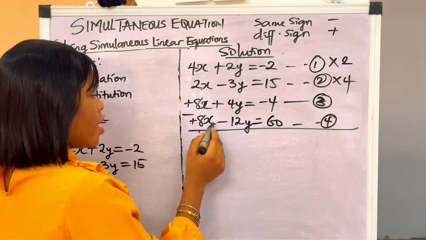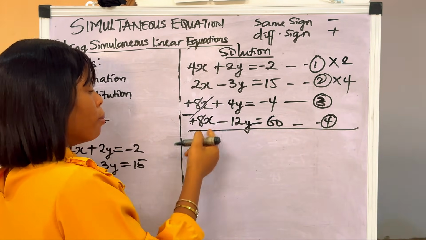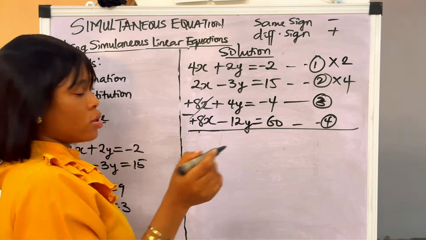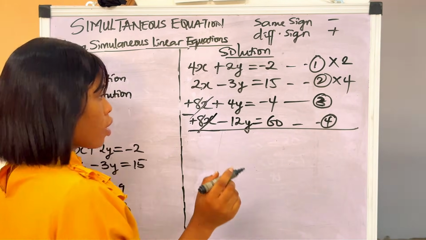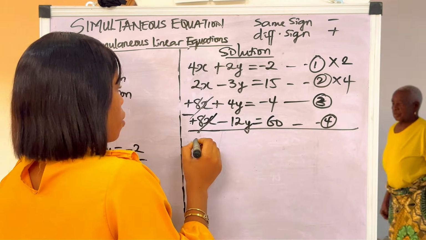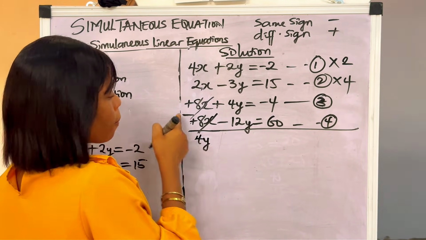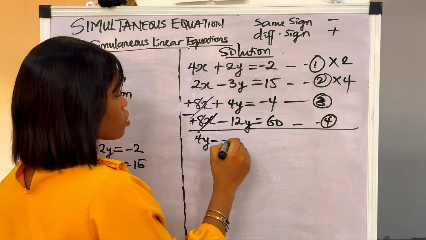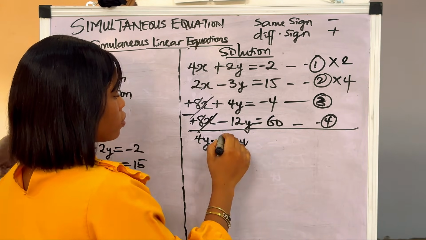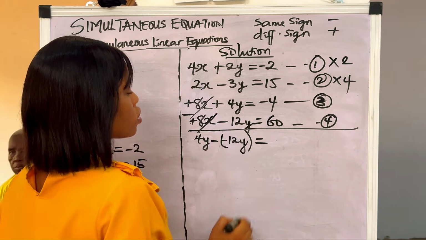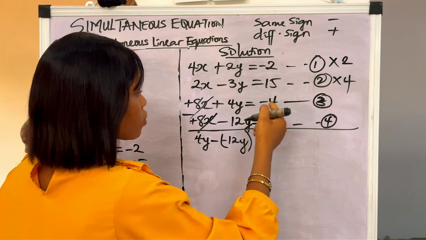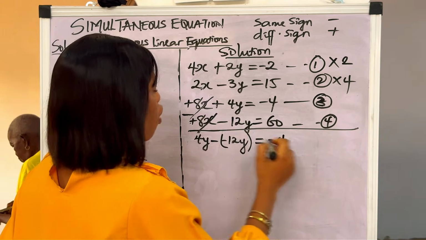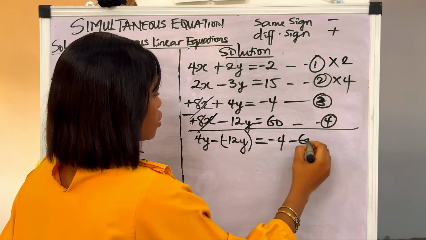So we have 8x minus 8x, that's 0, is gone. And then we have 4y minus 12y equals minus 4 minus 60.